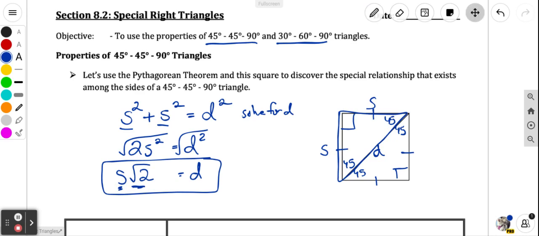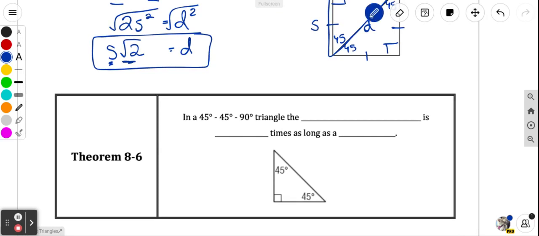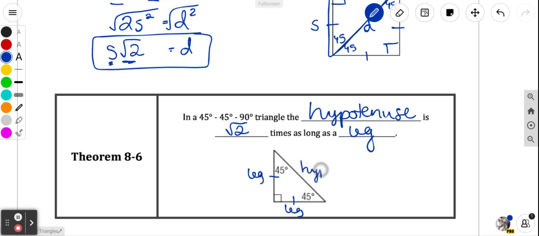That's the relationship here. If you take a look at this box, it should read: in a 45, 45, 90 triangle, the hypotenuse is radical 2 times as long as a leg. The legs are the same, so it says a leg because it doesn't matter which one. This is a leg, this is a leg, this is the hypotenuse.